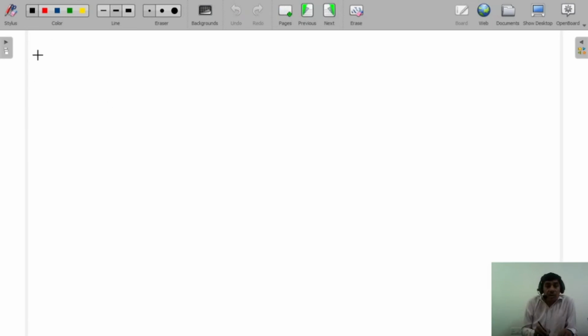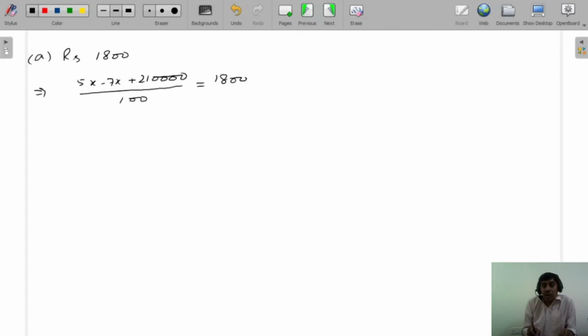Now, according to the question, the total interest received by the trust is rupees 1800. This implies (5x minus 7x plus 2,10,000) divided by 100 must be equal to 1800.